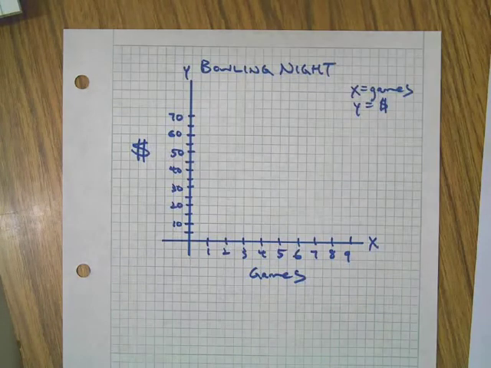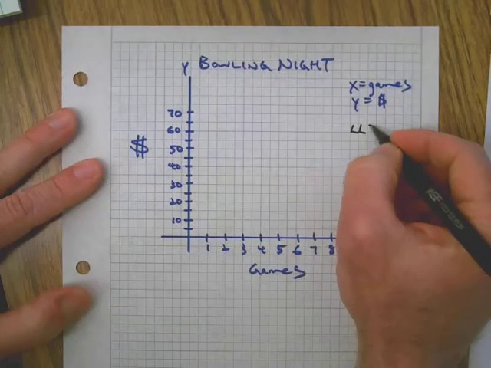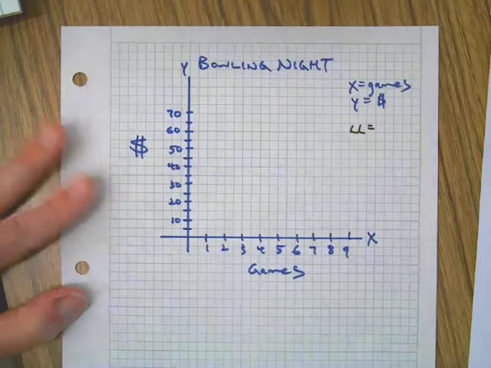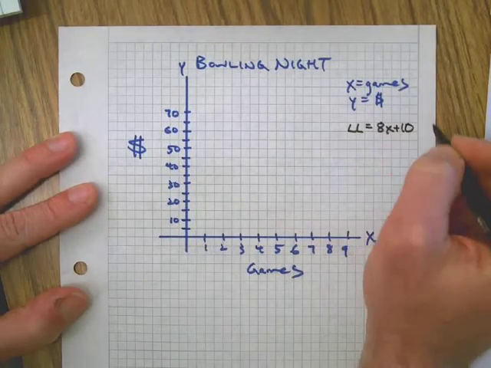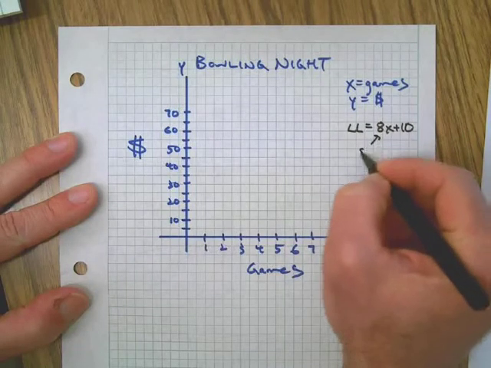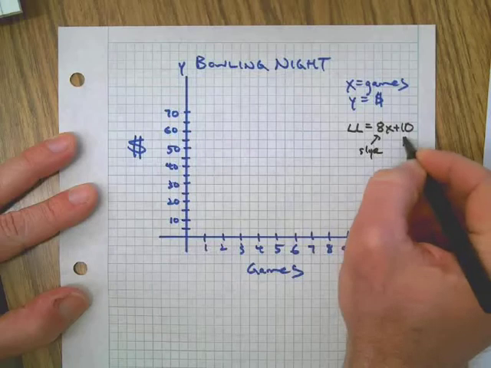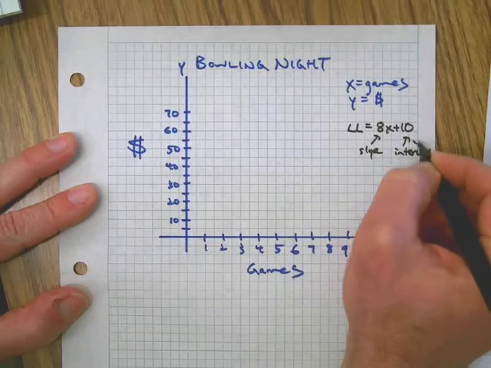I'm going to start off with lumpy lanes. I'm just going to recall the equation over here for lumpy lanes was 8x plus 10. So remember, this is slope-intercept form. So that's slope. This is the intercept, the y-intercept.